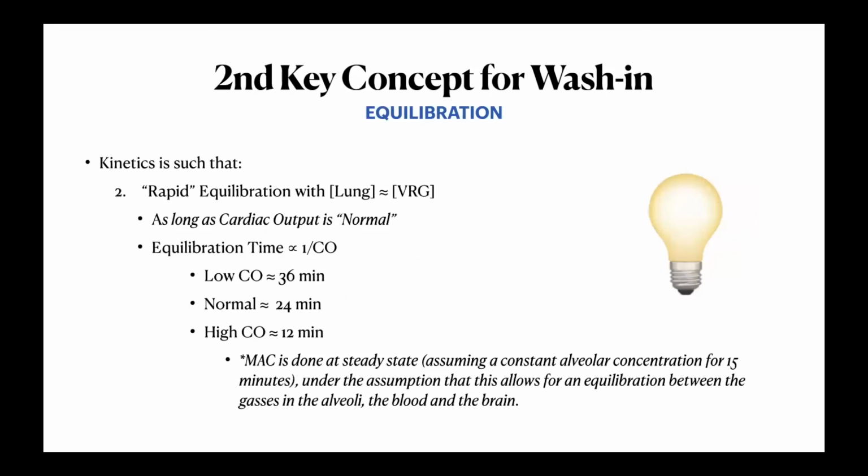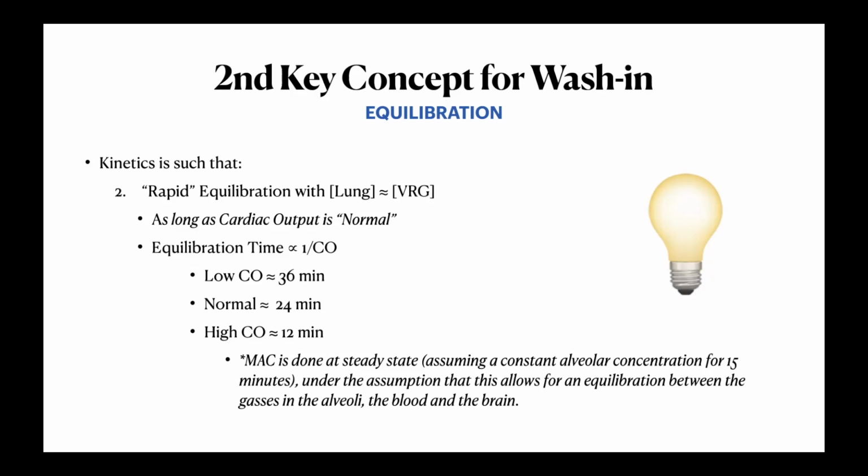Now, the second key concept, which I've sort of touched on, is that idea of equilibration. So kinetics is such that rapid equilibration, and I put that in inverted commas because that is going to rear its ugly head during the washout phase. But let's just run with this, is that rapid equilibration with the lung and vessel rich group occurs sort of within 30 minutes, as long as cardiac output is within sort of normal ranges.